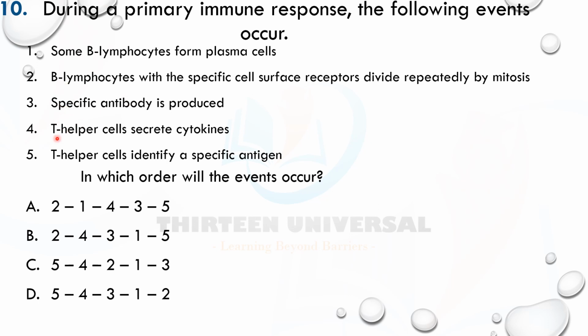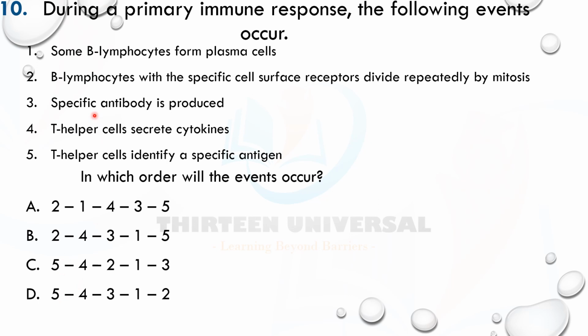There must be a stimulation first. T helper cells identify a specific antigen, so it undergoes clonal selection. So 5 should be first. The next thing is that T helper cells release cytokines, which stimulate the appropriate B lymphocytes.